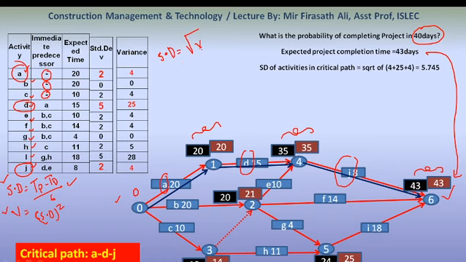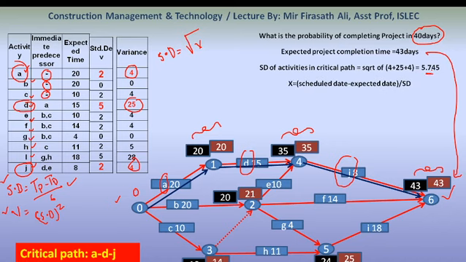So what are the variances of these activities? 4 plus 25 plus 4, the square root of 4 plus 25 plus 4. The standard deviation of the critical path activities is 5.745.